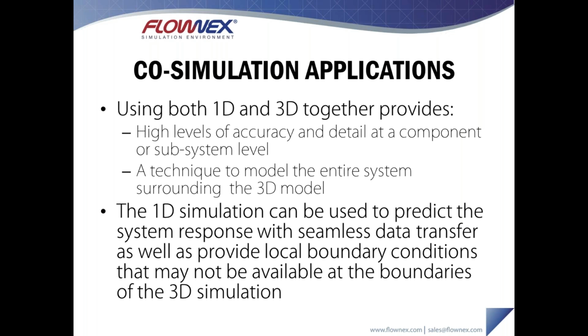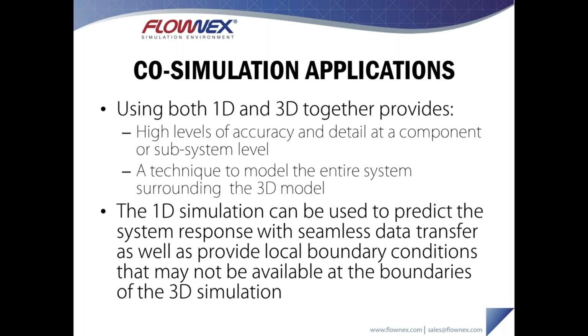However, the two components can complement each other incredibly well in some simulations. It's often that you might be looking at a system response rather than just a particular component's results. However, when it comes to your three-dimensional CFD results or your FEA results, you often make the decision based on the complex geometry or the high level of detail of results that are required.